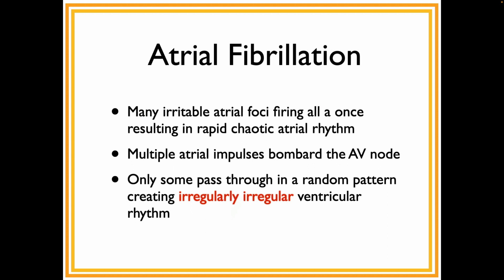So again, 80%, I don't know, I just pulled that out of the air. But the truth is that most people are in a sinus rhythm and most of the remaining people are in AFib. It's a very common dysrhythmia, and I'm sure everybody's heard of it, right? Atrial fibrillation, AFib. Most people have some relative who is in it. So the mechanism in AFib is many irritable atrial foci firing off all at once.